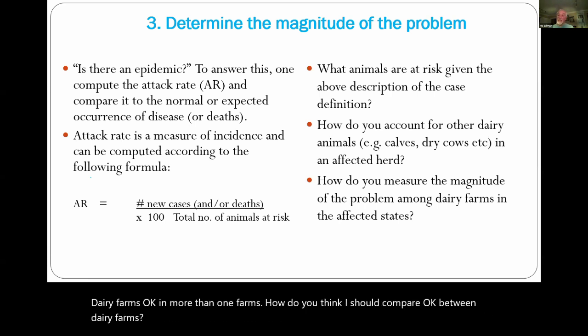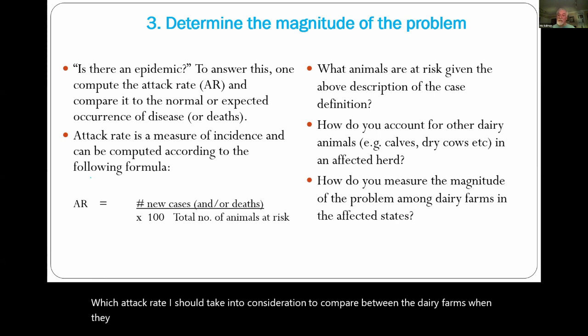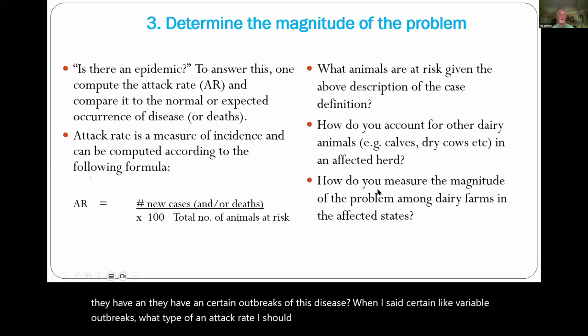Which attack rate should I take into consideration to compare between the dairy farms when they have certain outbreaks with this disease? When I said certain, like variable outbreaks, what type of attack rate should I use here?